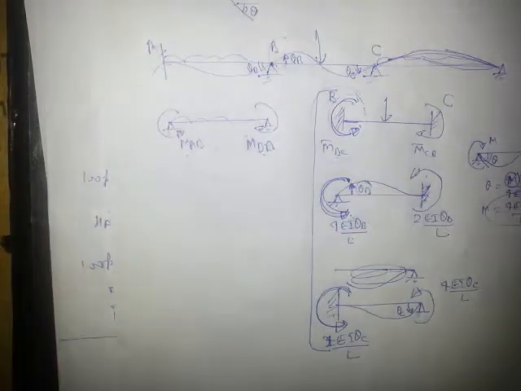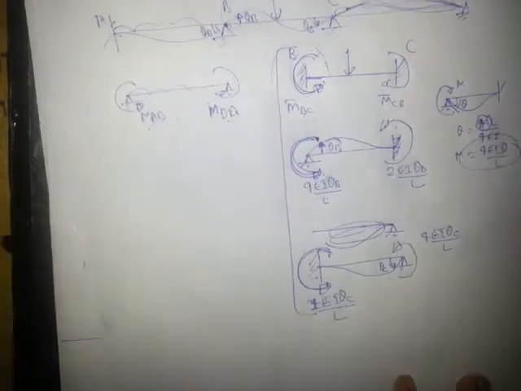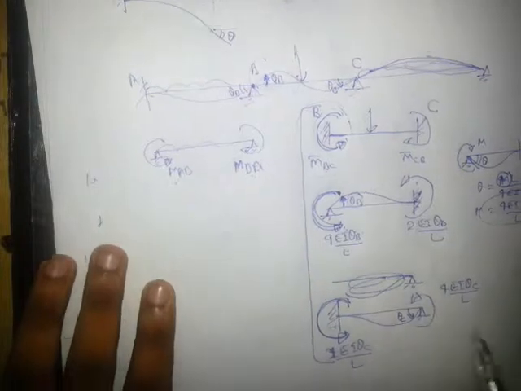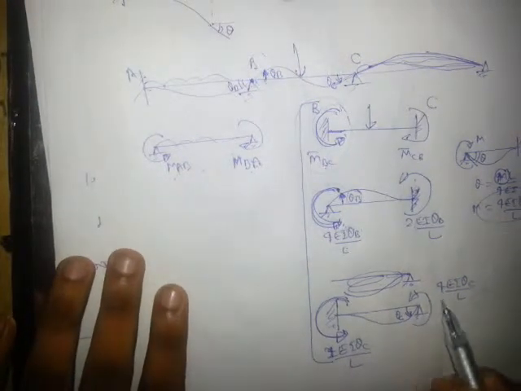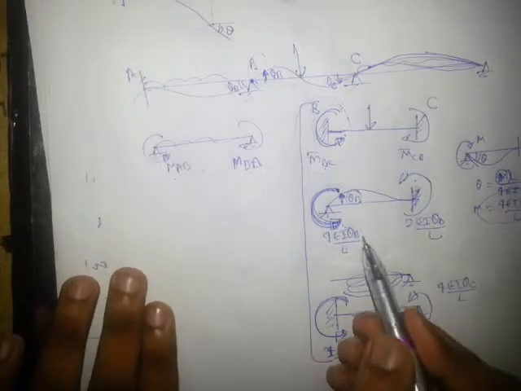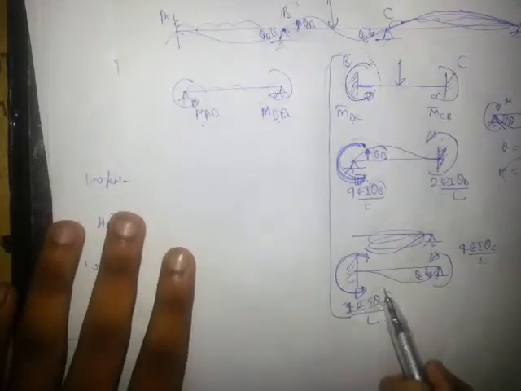Now you see that theta is anti-clockwise, so we will take minus. Anti-clockwise theta will be taken as negative, and anti-clockwise moment will be taken as positive.